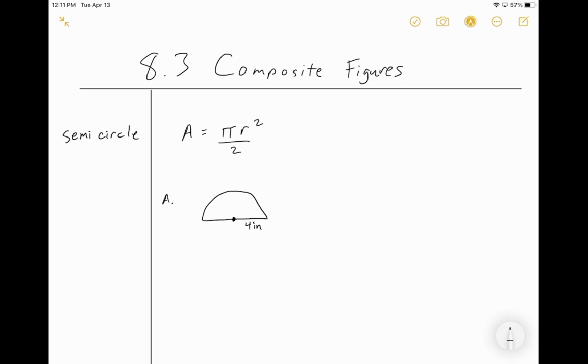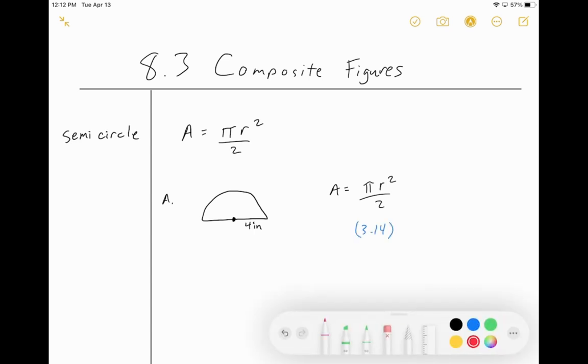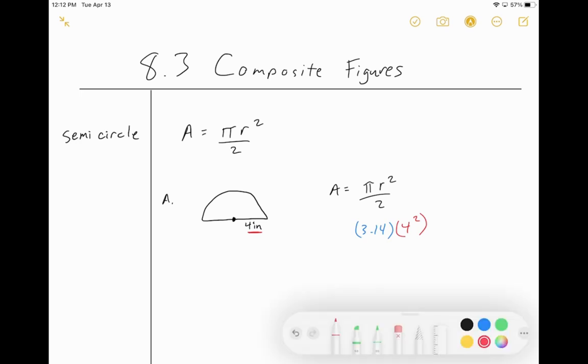Okay, so I'm going to use the formula. Area is equal to pi times radius squared divided by 2. I know that pi is 3.14, and I know that radius is right here, 4. So 4 squared. Now remember, 4 squared is not 4 times 2. It is 4 times 4. And I'm going to divide the whole thing by 2.